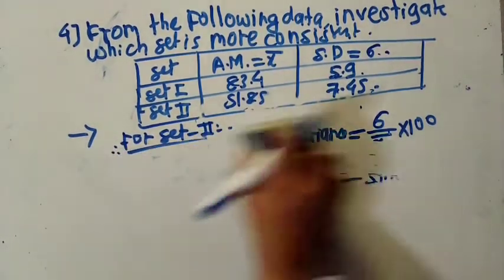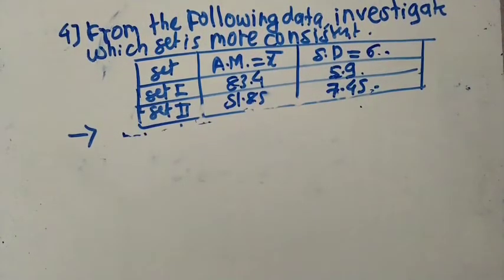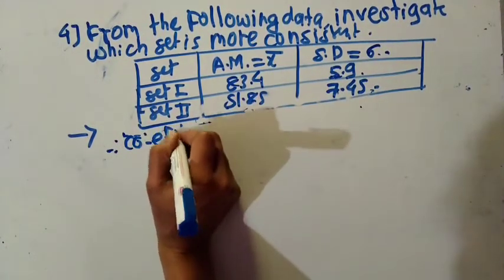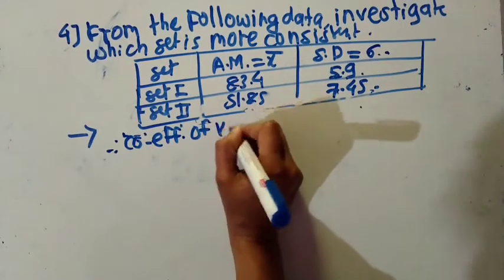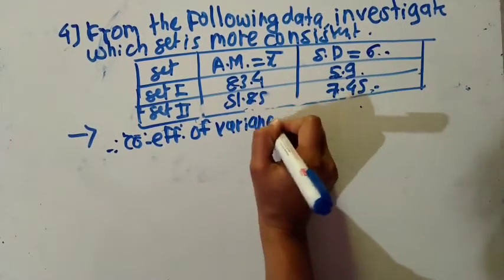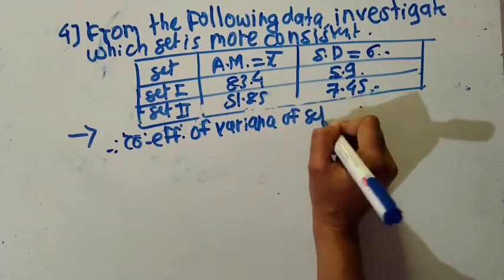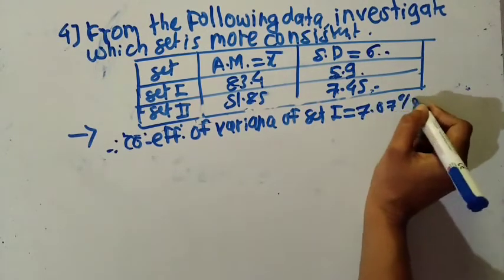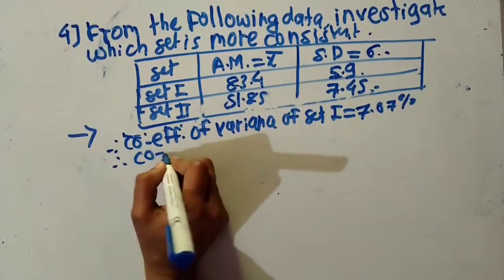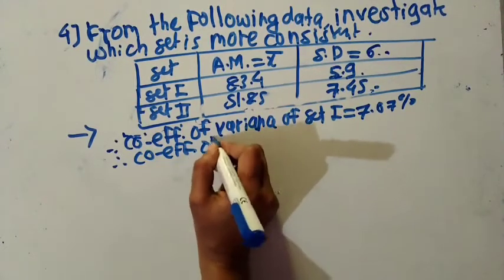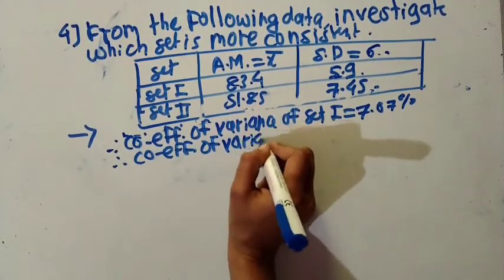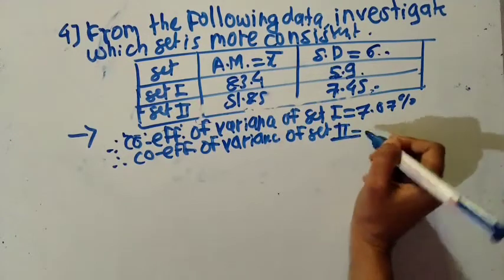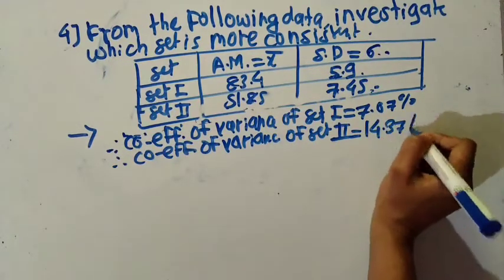So the coefficient of variance we found for set 1 is 7.07% and for set 2 it is 14.37%.